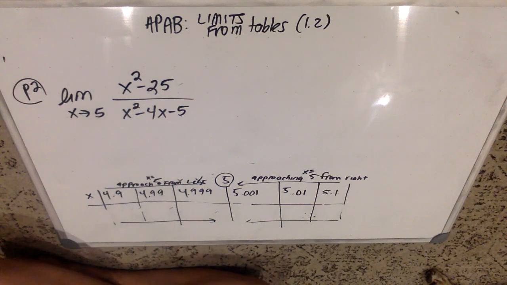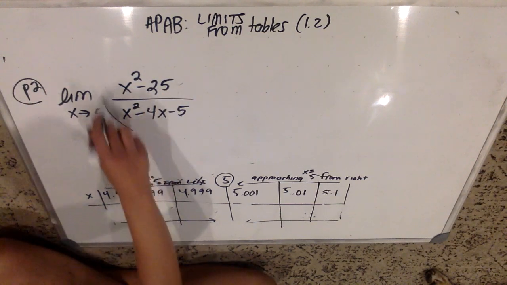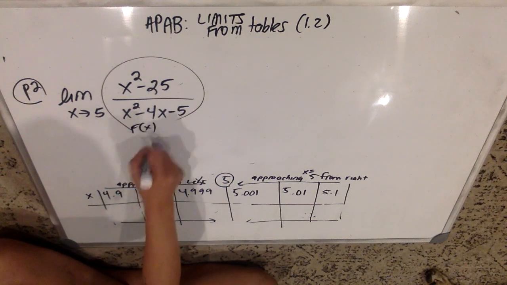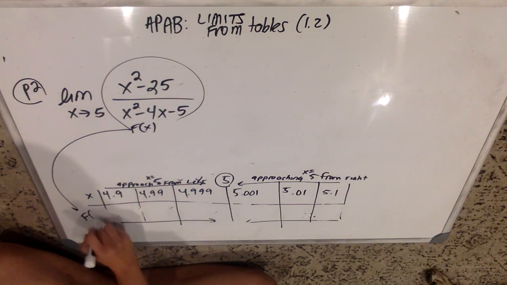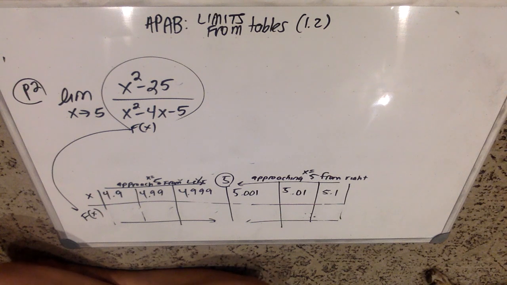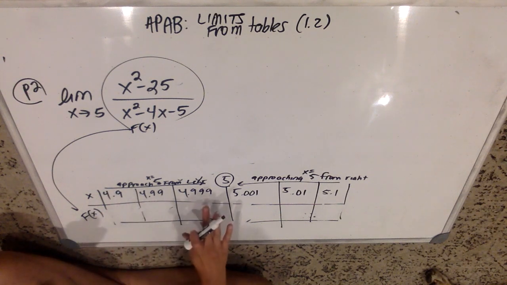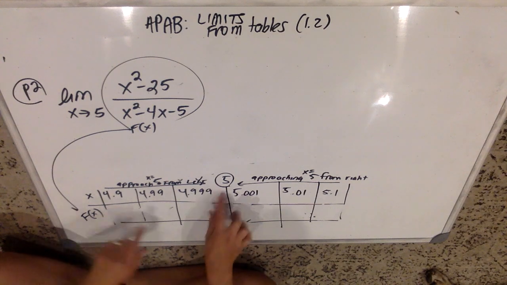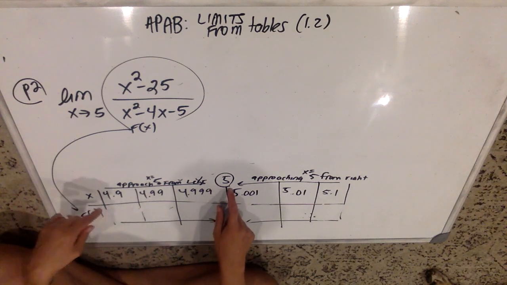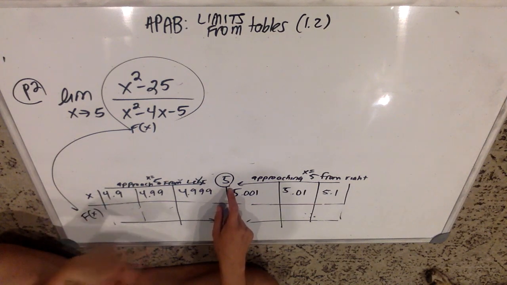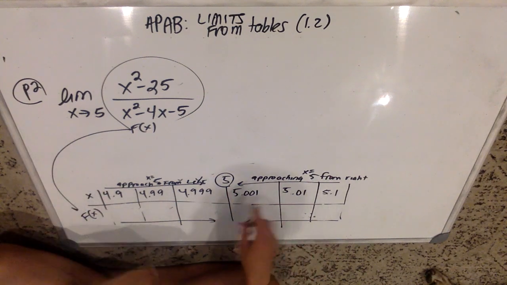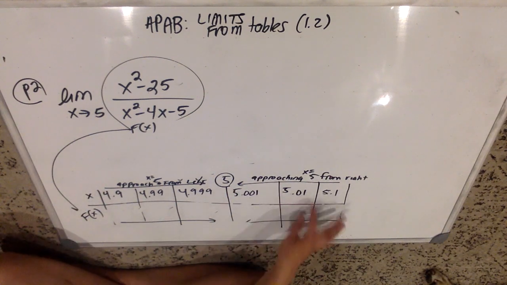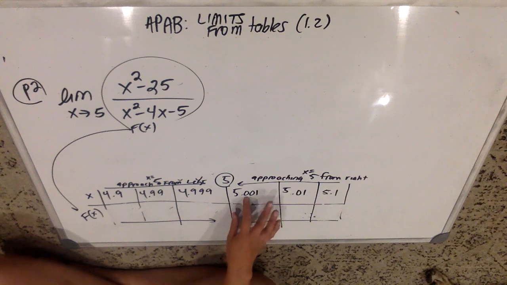I'm actually just going to call this thing f of x for my table because that's easier. Notice how these numbers get closer and closer to 5. And the lazy, easy way to do that is if you want 5, you pick the number right below 5, which is a 4, and you do 4.9, then 4.99, then 4.999, and so on. And then you pick 5, and you do 5.1, 5.01, 5.001.